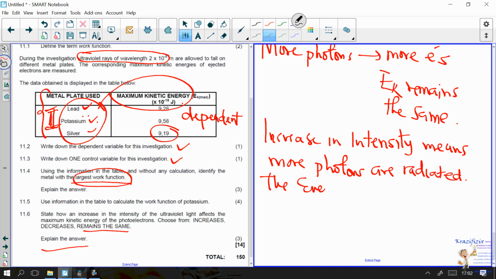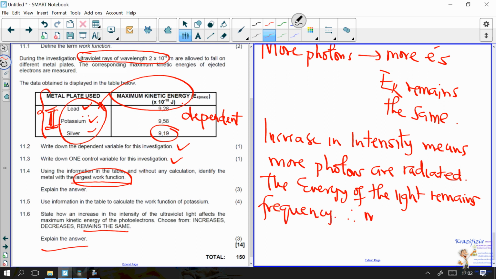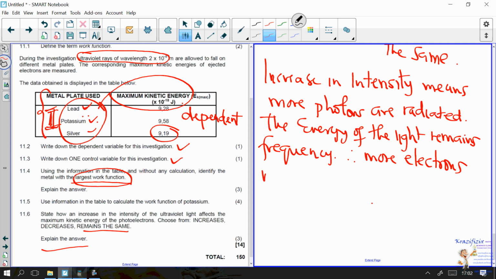The energy of the light remains the same because it's the same frequency. Therefore, more electrons with the same kinetic energy are ejected. All right, and we're done.